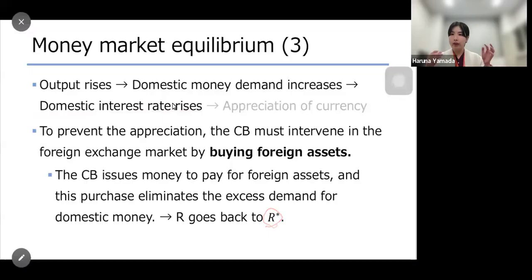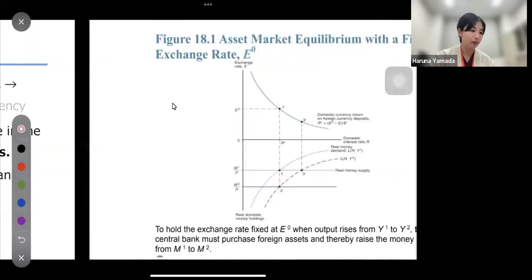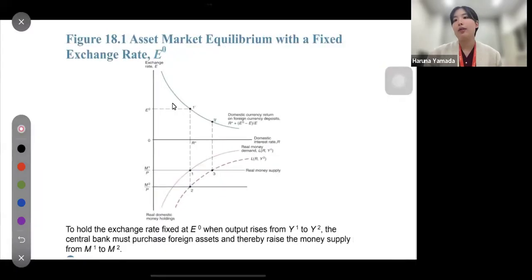So fixed exchange rate is sustained by the intervention of central bank. Okay, this graph illustrates how the equilibrium is sustained by the central bank intervention.